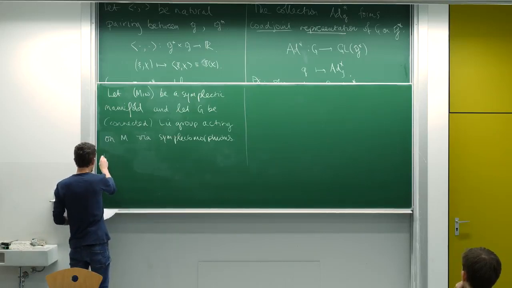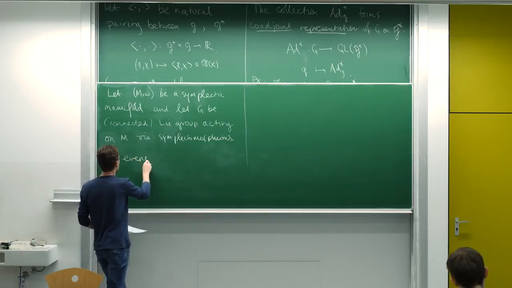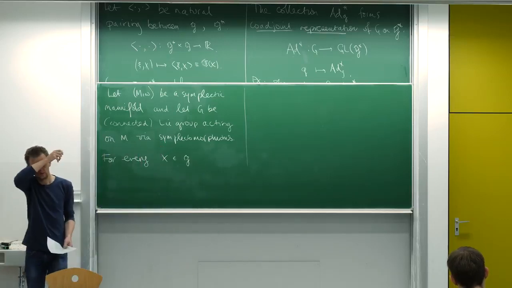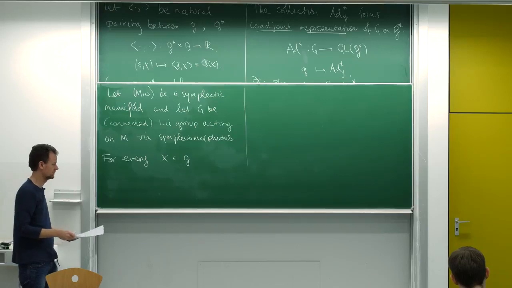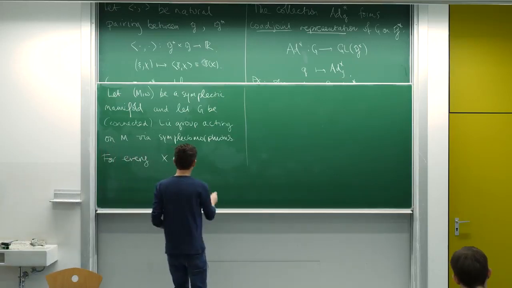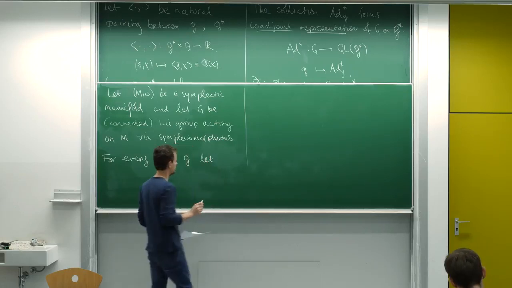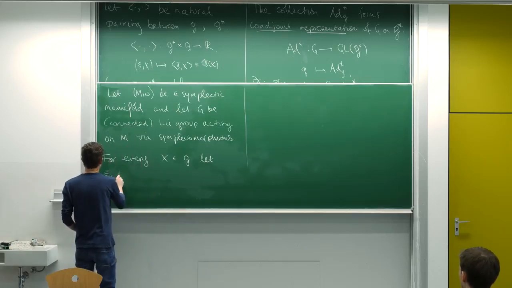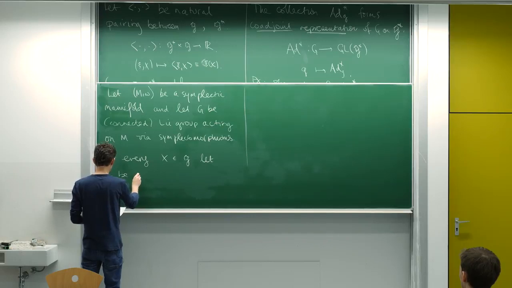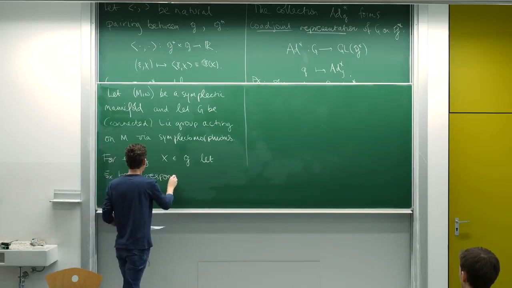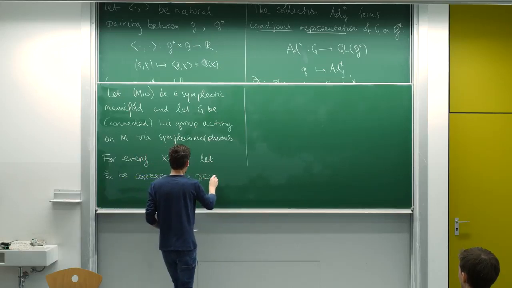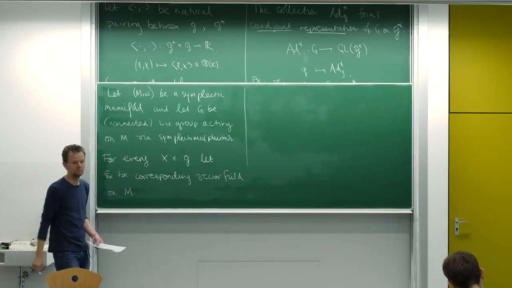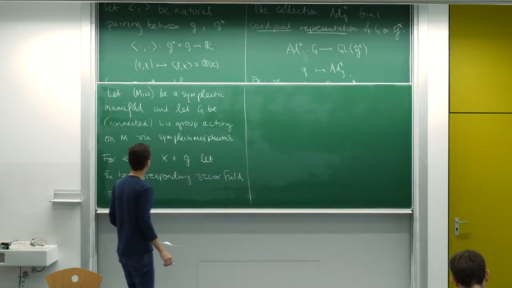So for every x in the Lie algebra of G, every left invariant vector field on the Lie group, we get a corresponding vector field on our manifold. Hope that's clear how that works.